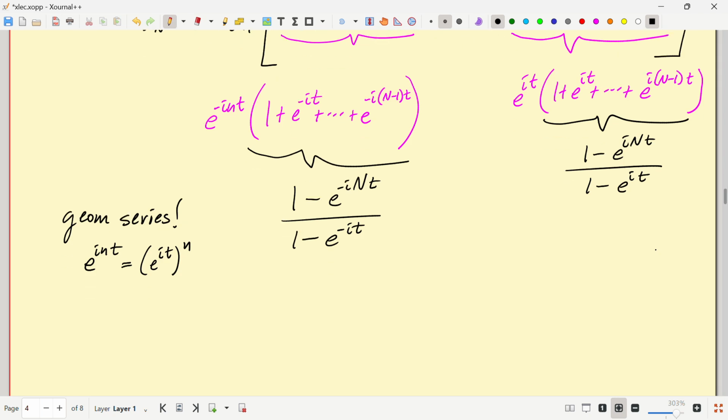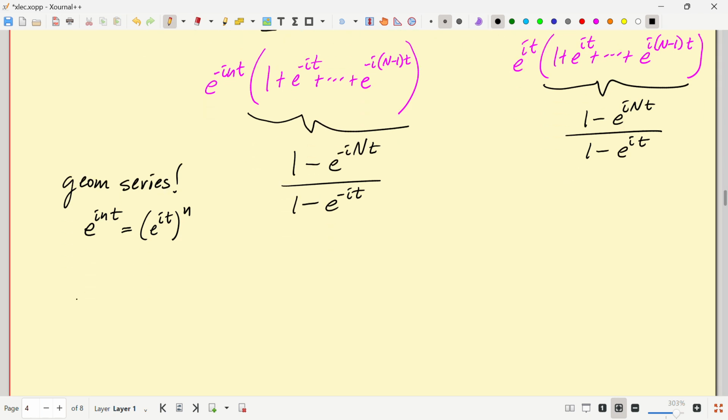And now I'm going to spare you the algebra. It's not hard algebra. This mess is equal to, on the bottom, I get e to the it over 2 minus e to the minus it over 2, divided by 2i.